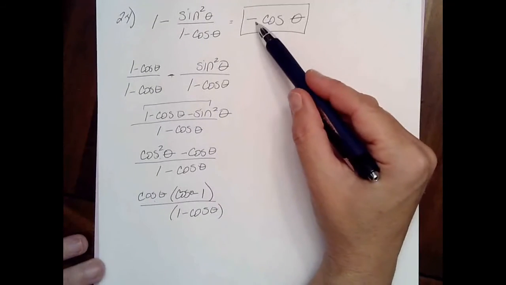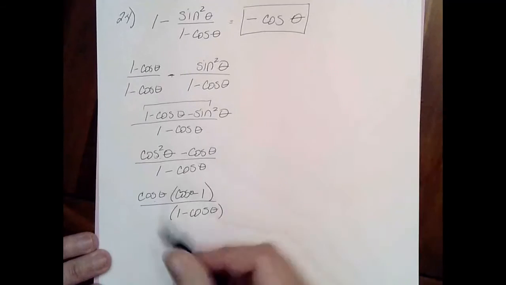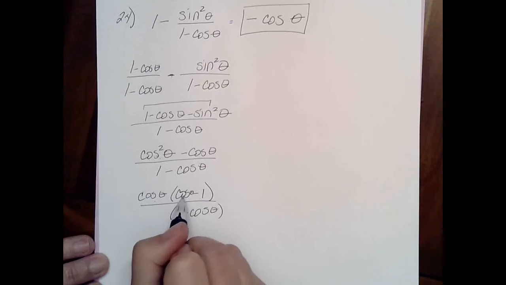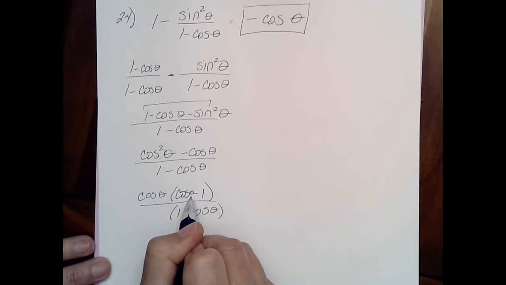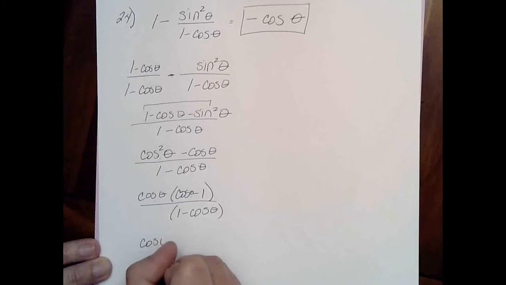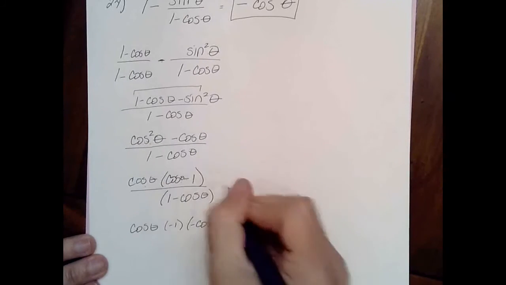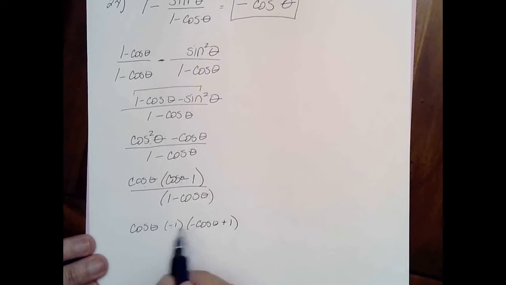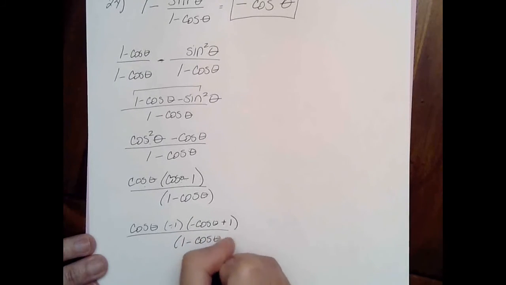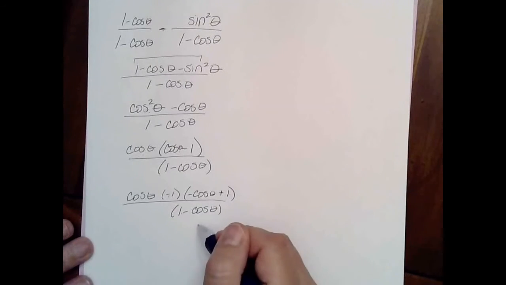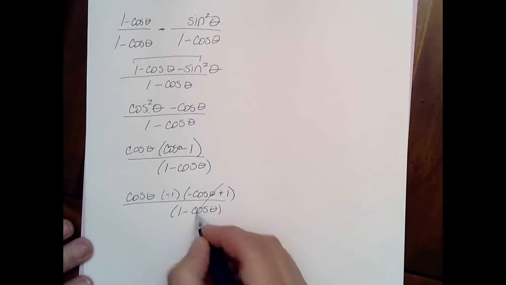So if you take your numerator, and if you factor a -1 out of this denominator, cosine of theta, factor out a -1, then that's going to give you a negative cosine theta and a positive 1, right? Opposite, opposite. 1 minus cosine theta. Well, here it is, the positive 1, the minus cosine theta. This actually does cancel. If you feel better flipping this around, you can. And cosine times -1 is negative cosine theta.